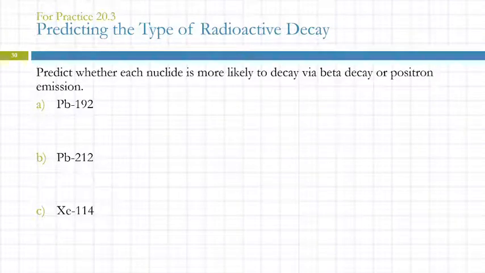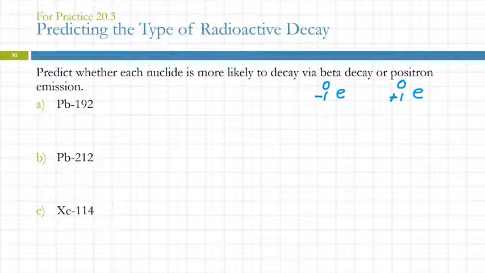So predict whether each nuclide is more likely to decay via beta decay or positron emission. So beta decay, we're going to increase the number of protons.